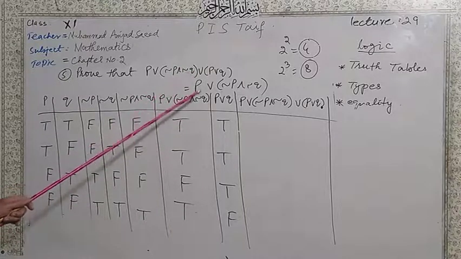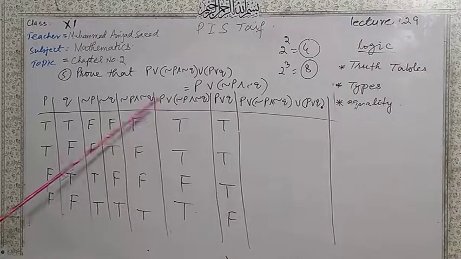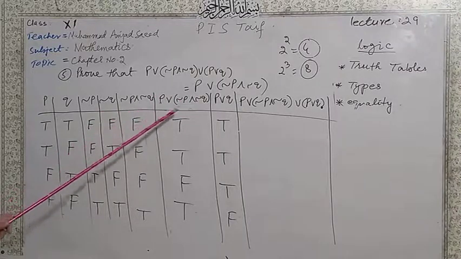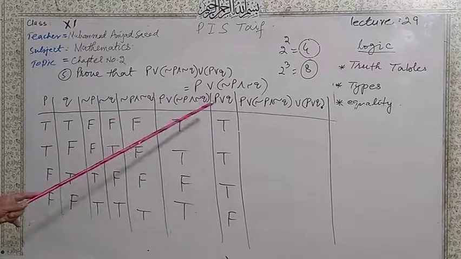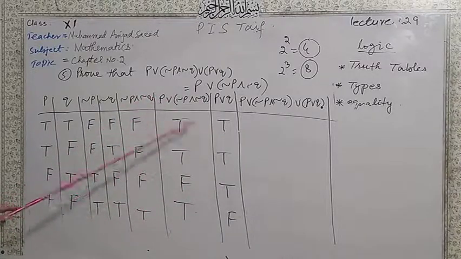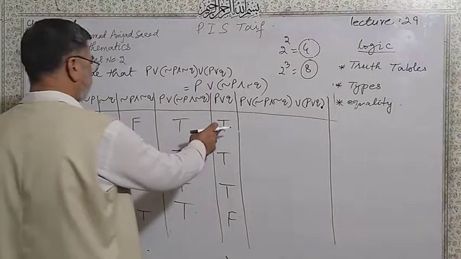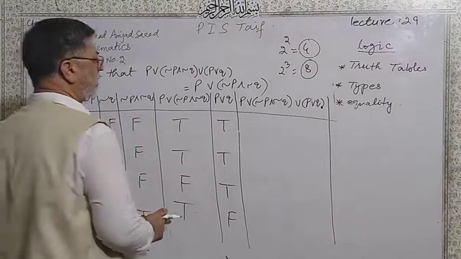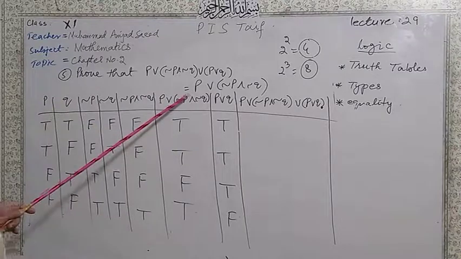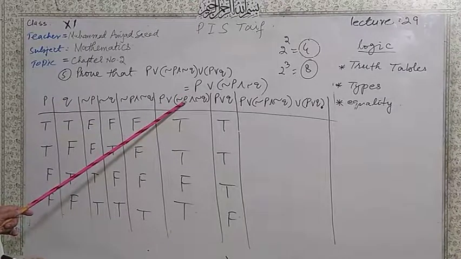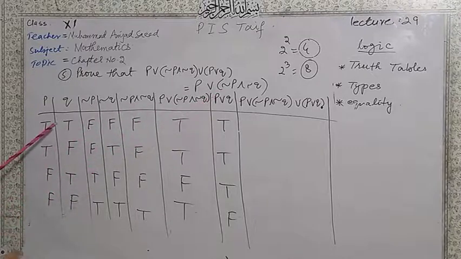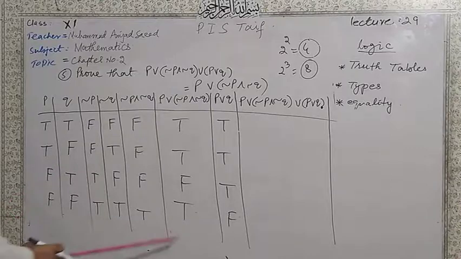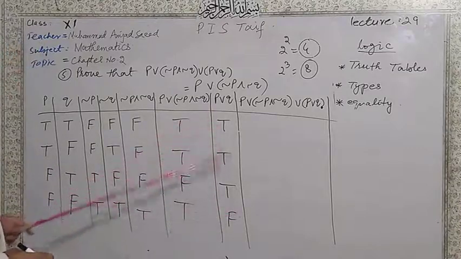P or Q, and this is union. Okay. Then we have T and T. P or (not P and not Q). This is P or Q. No, this is F. Yes.